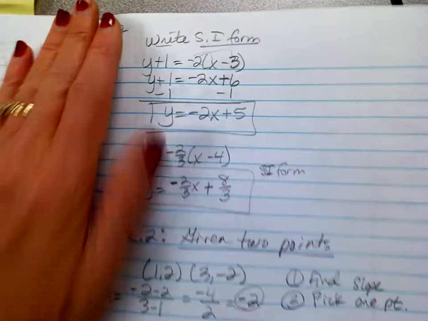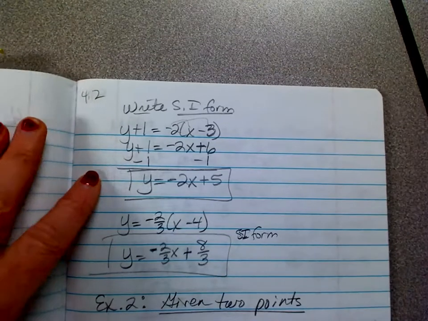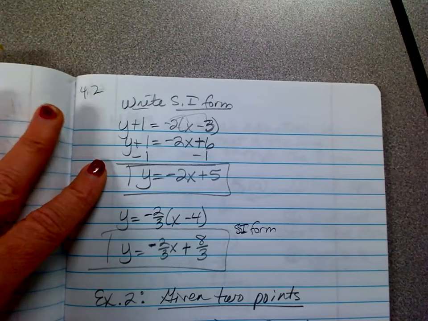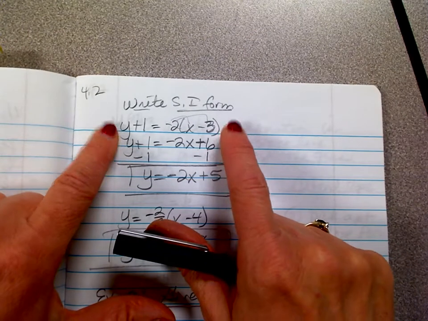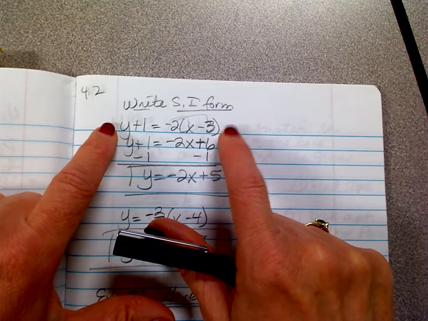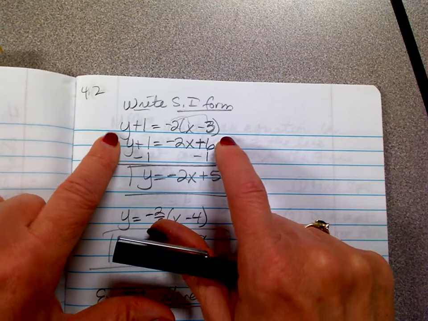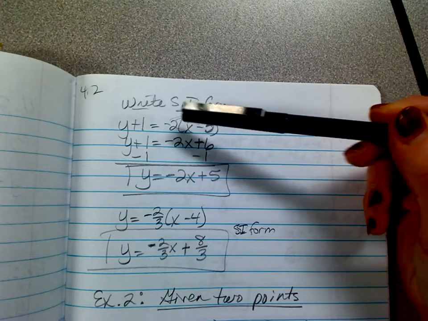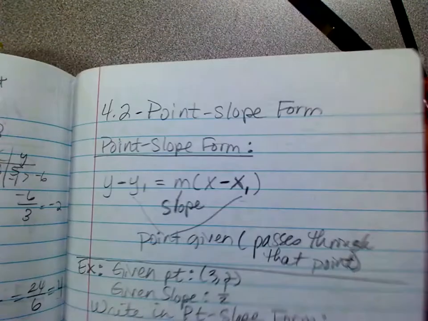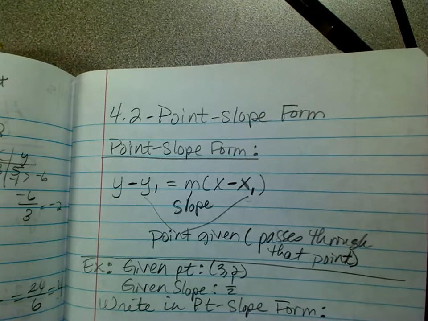Okay, so then the question changes to writing it in slope-intercept form. If you have it in point-slope form, you could write the equation of the line in slope-intercept form by distributing the negative 2. Let me see, that question came from this one.